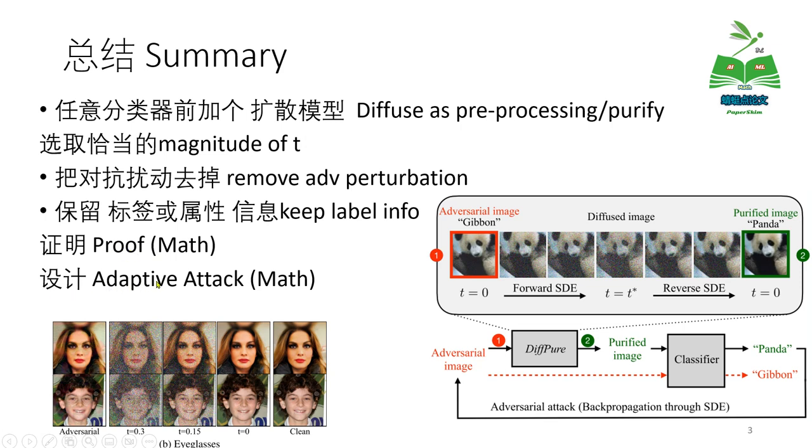And then they design the adaptive attack, because for this method, the regular PGD attack or the auto attack can't apply directly or straightforwardly on this defense method because it has a sequence of steps. So they need to design the corresponding adaptive attack to verify the robustness of their method.